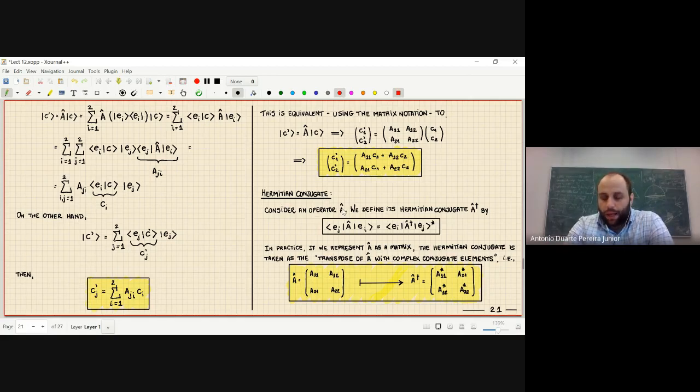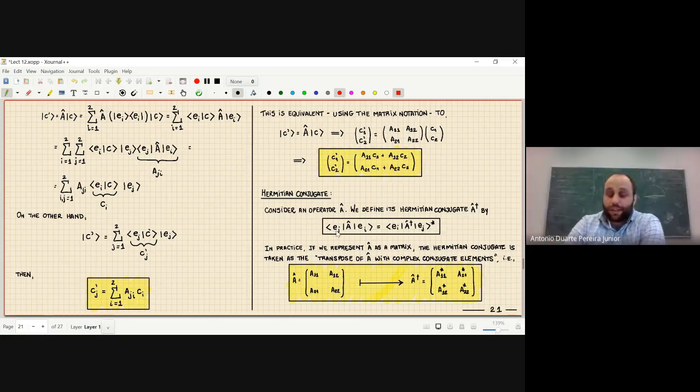Consider an operator A hat. This is a definition: I define the Hermitian conjugate of this operator A, and I denote it by A with this symbol, which is called dagger. So I call this operator, the Hermitian conjugate of A, A dagger. And how is it defined? It is defined by the following.